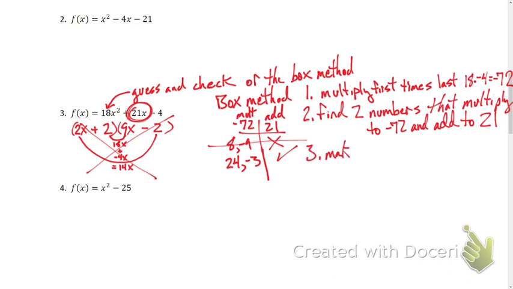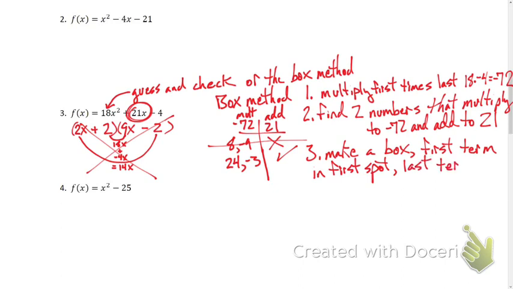Make a box. First term in first spot. Last term in last spot. Two numbers found in remaining spots.